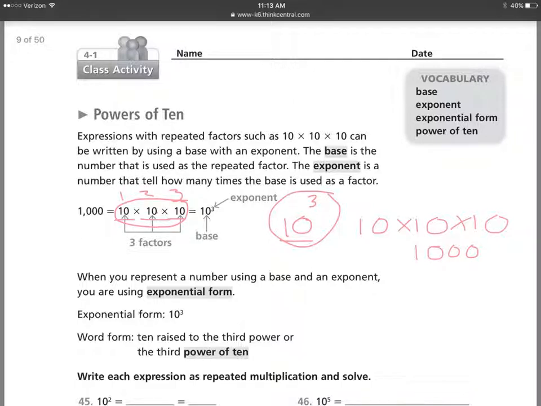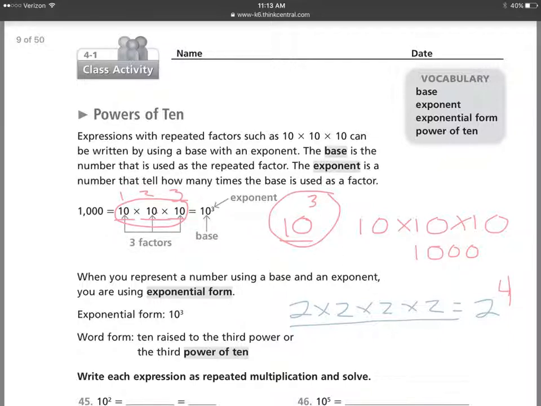This can be done with any number. I could ask you to write 2 times 2 times 2 times 2 as an exponent, or write this problem in a simpler way. And you would say it's the same thing as 2 to the 1, 2, 3, 4th power. 2 to the 4th power.